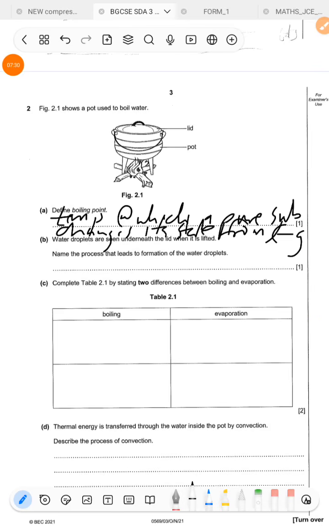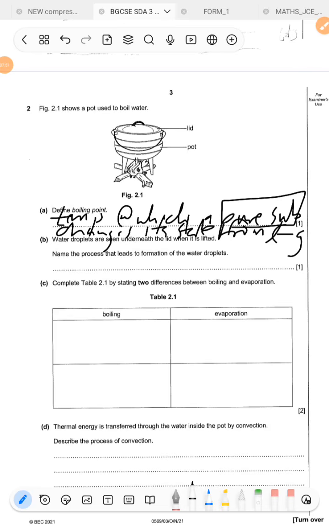Let's just put that in there. So boiling point, it's a fixed temperature at which a pure substance changes its state from liquid to a gas. For example, water boils at 100 degrees Celsius.